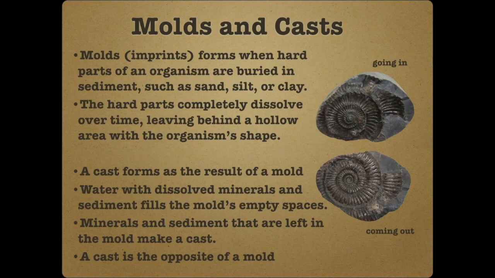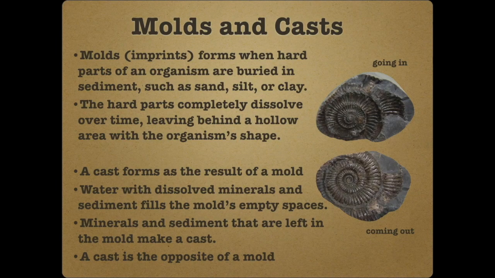Then the organism starts breaking down. All the organic material, the flesh, the bones, the fur, breaks down and completely disintegrates, but you still have that shape of the organism.